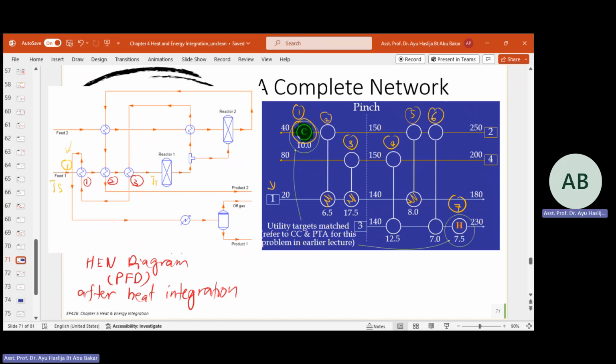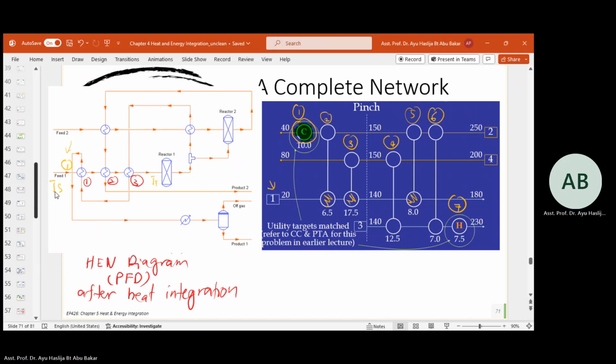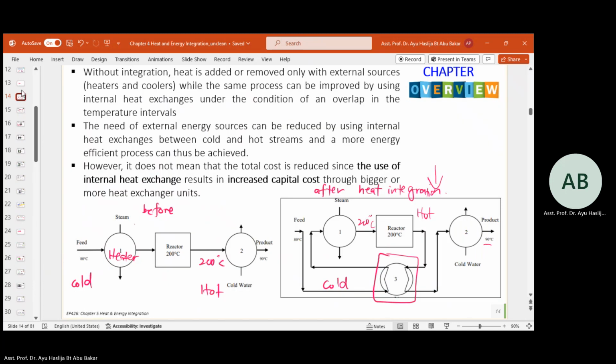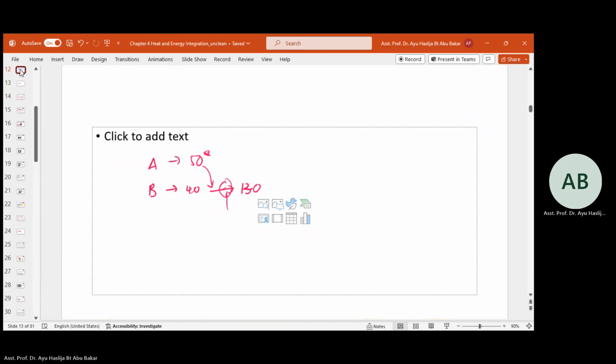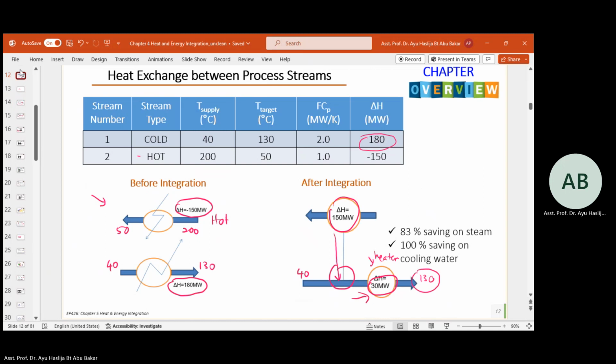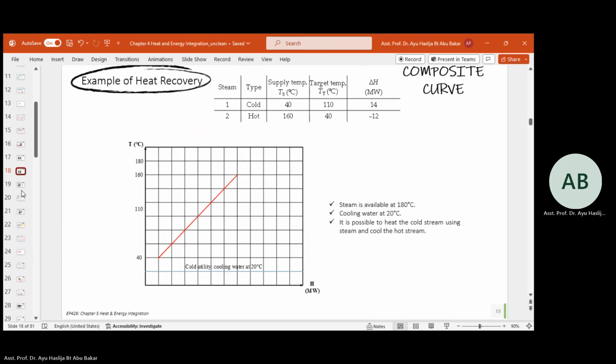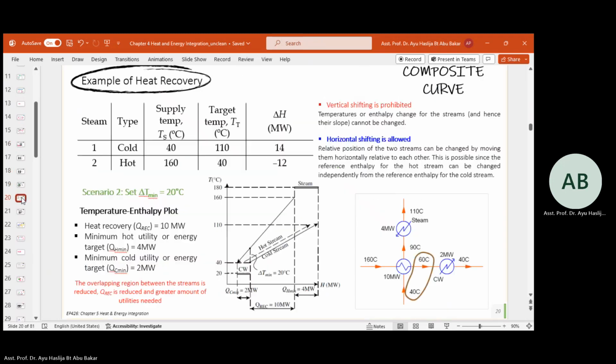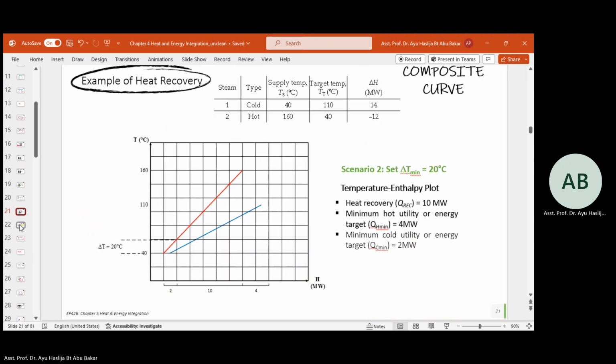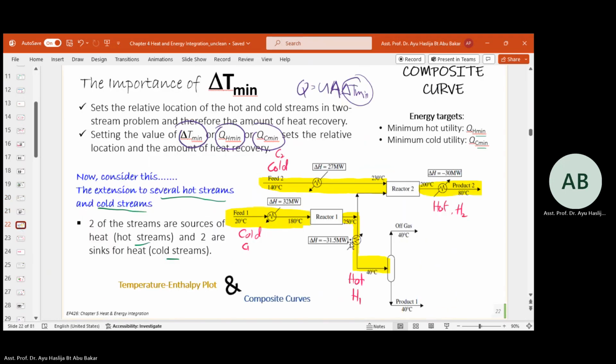Yeah, which the original PFD before the heat exchanger last time, just to share with you. That is slide 16. This one.